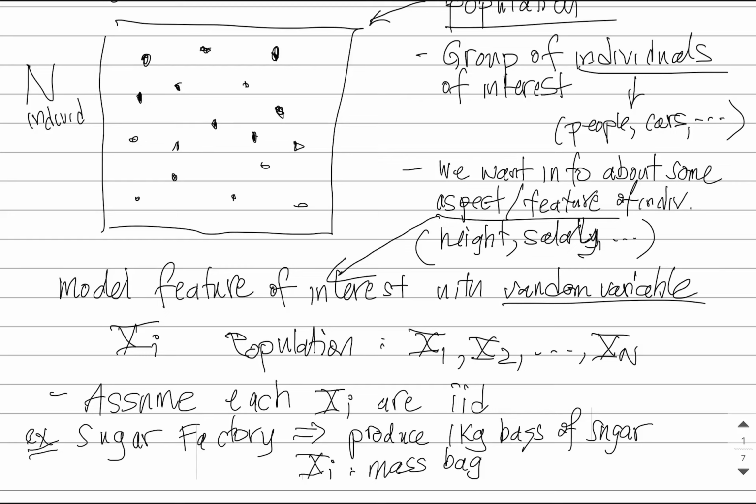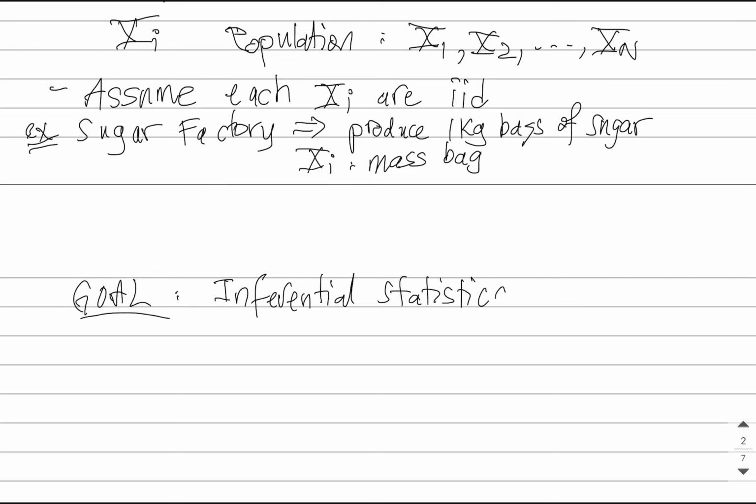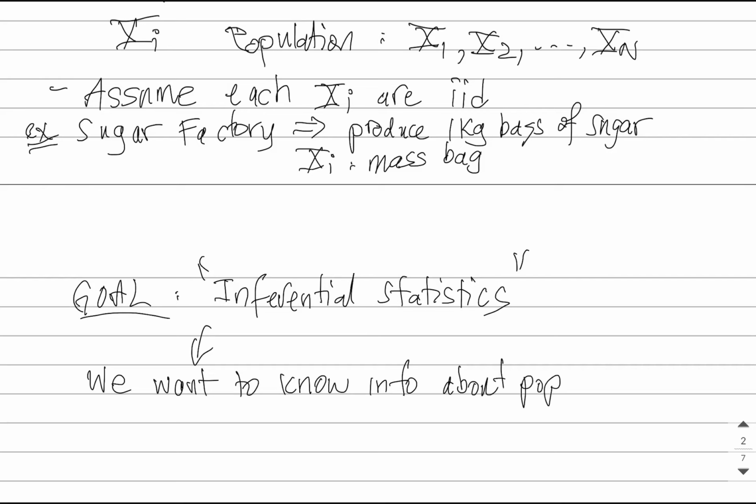So the bags of sugar are the individuals that we are considering here, and their mass is the feature of interest. Now, the goal of what we are doing in statistics is what's called inferential statistics. The root word here is infer. To infer means you're going to take a limited amount of information and try to say something about the whole. And what we are interested in this context is we want to know information about the population.